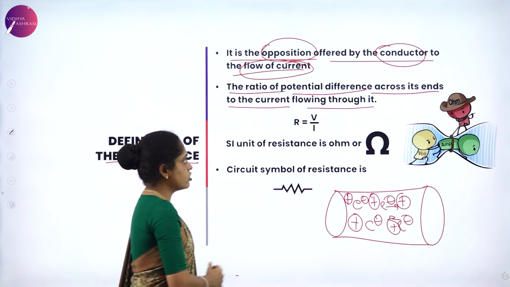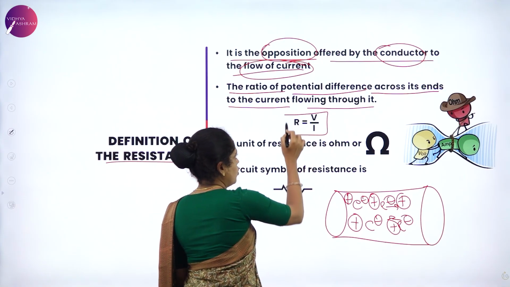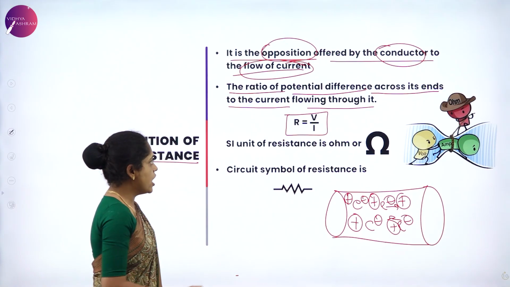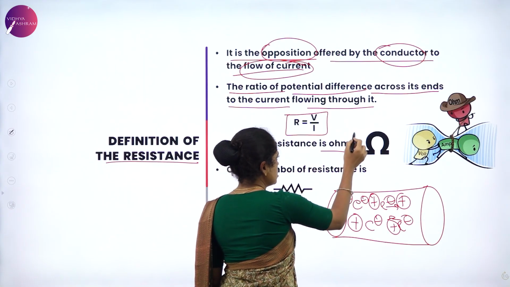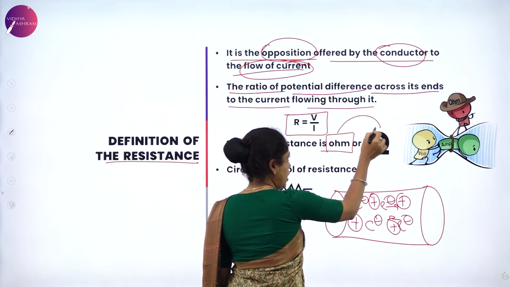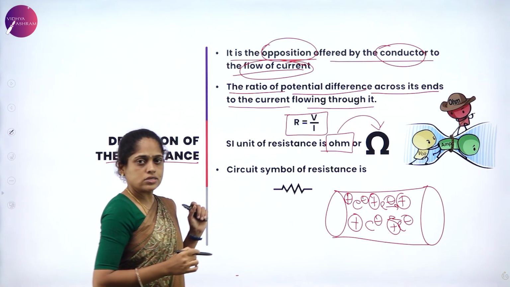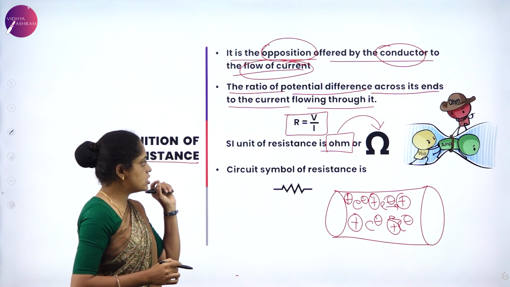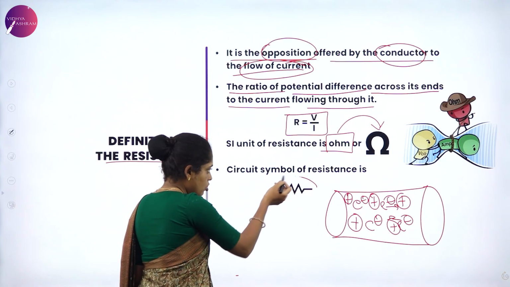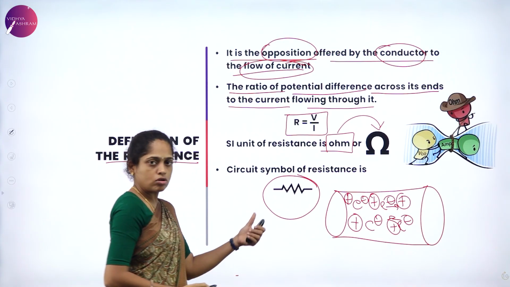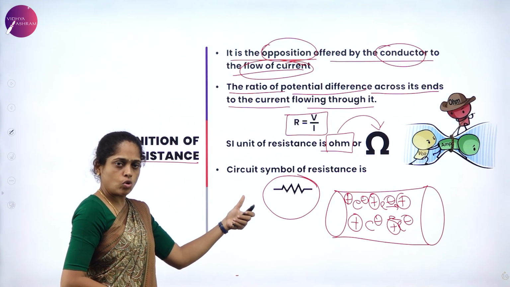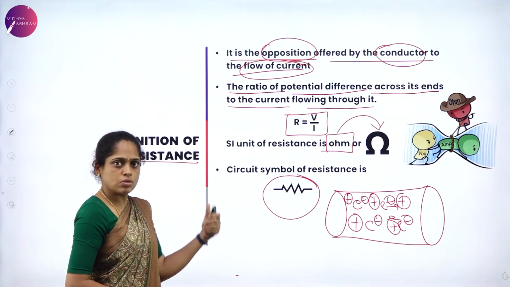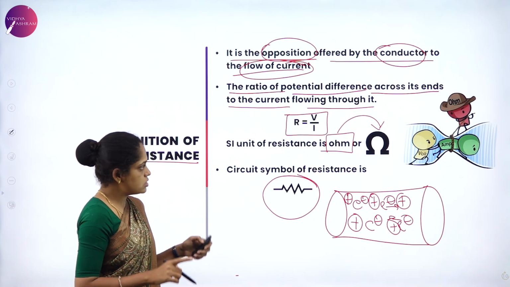And the formula for the resistance is R is equal to V by I. The unit of resistance is ohm, and its symbol is this, Ω. The SI unit of resistance is ohm. And the circuit symbol of the resistance is given here. Note down, this is the circuit symbol of the resistance in any circuit.